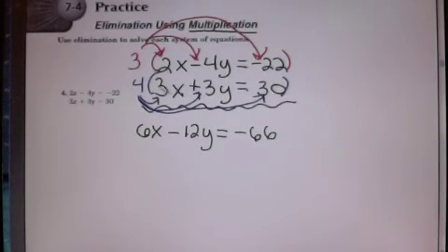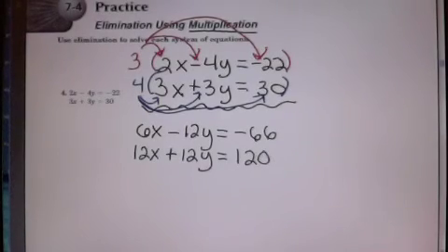So 4 times 3x gives me 12x. 4 times 3y gives me the positive 12y that I'm looking for, which will allow these to cancel out soon. And then 4 times negative 30 will give me positive 120.